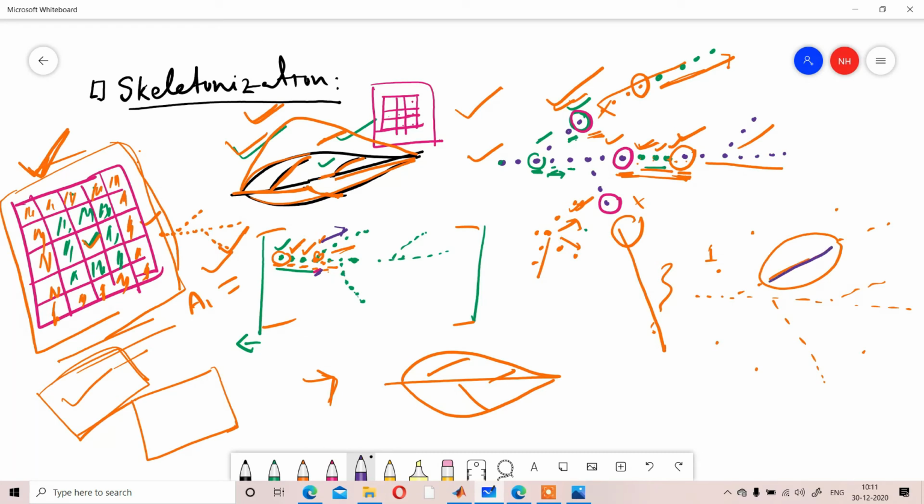For this case the gap and this gap, the noise gap is less, but the gap between original line is more. So whenever we will try to search the neighborhood between these two, it will search first that point. So it will consider as the neighborhood pixels. That means that you are getting an error. That you have to keep in mind. So you have to do the skeletonization in such a way that error should not be there.